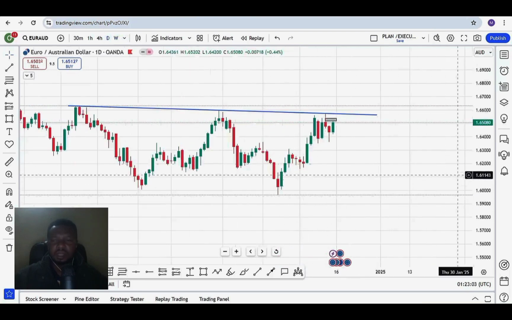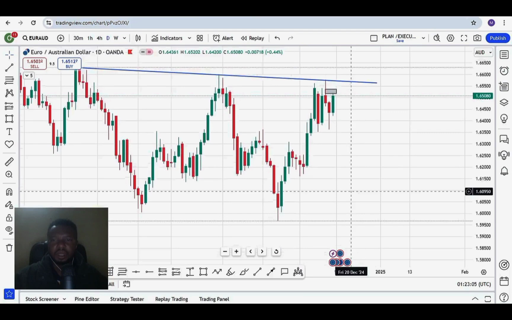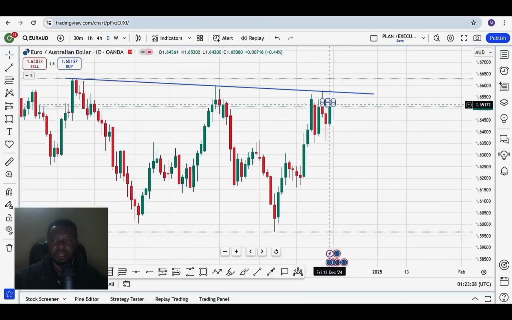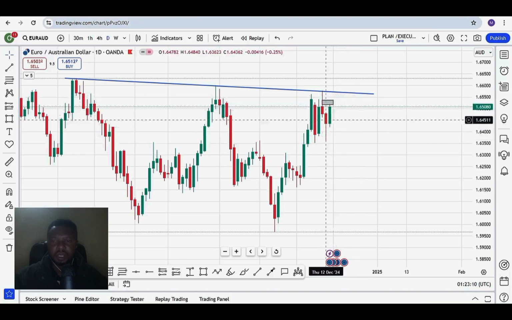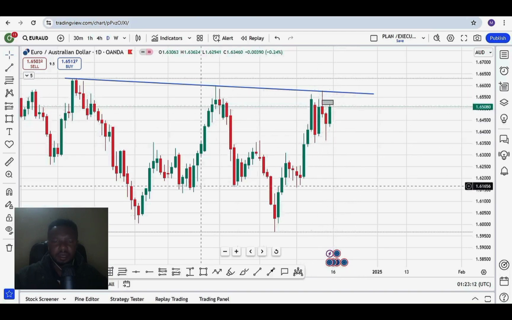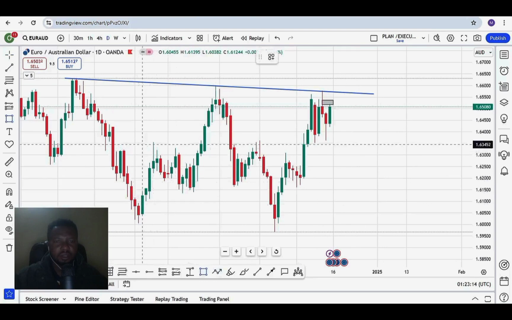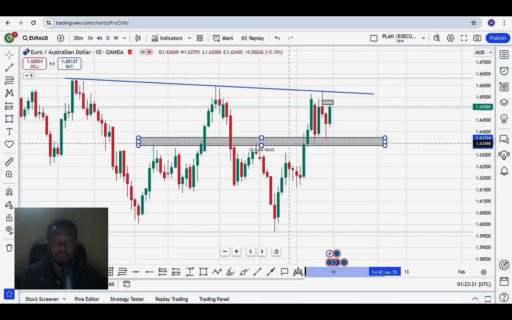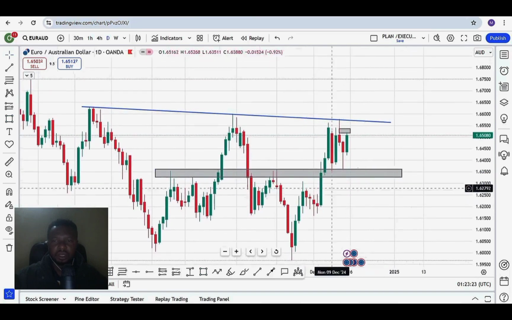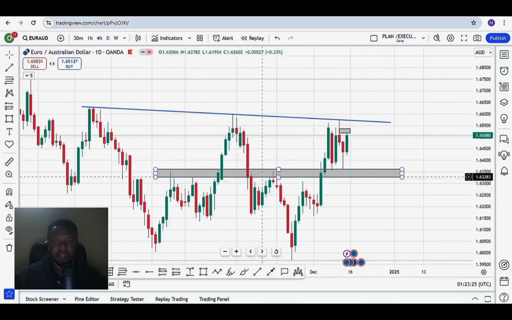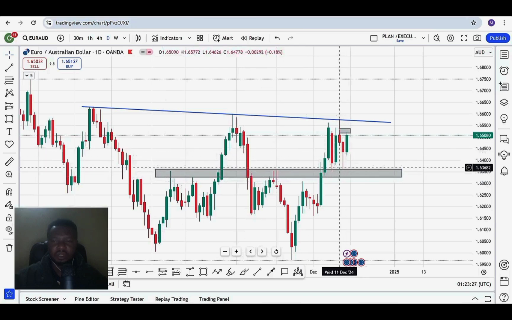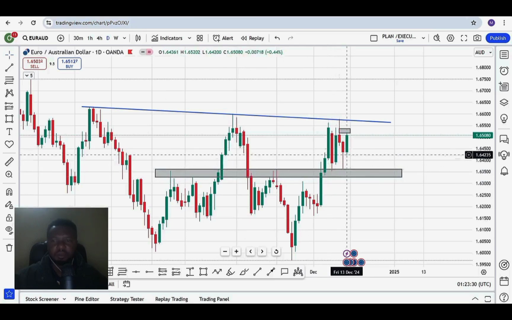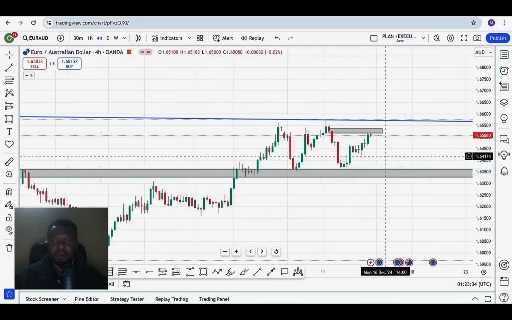So on a daily time frame, we can see that price is currently pushing to the upside, and this resistance zone, price has already turned into support. So at the support of this zone, price started pushing to the upside. So I'll be buying this market.